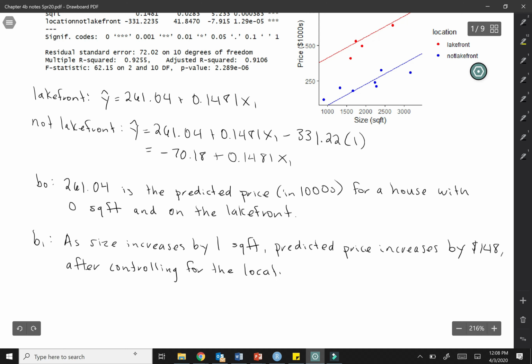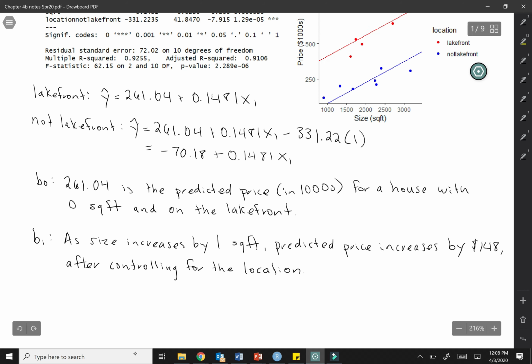So I'm guessing when you wrote out your interpretations before, you probably didn't have that little tag, but that's actually really important. We always want to say that we're either controlling for the location, you might say adjusting for, or holding location constant. Those would all be tags to say that you're taking location into account.